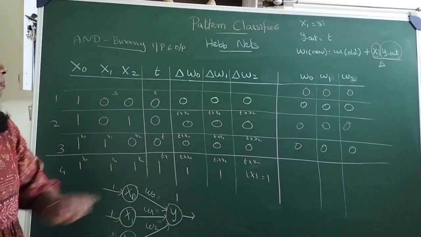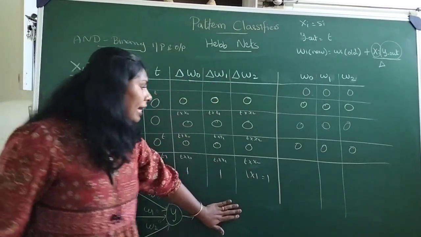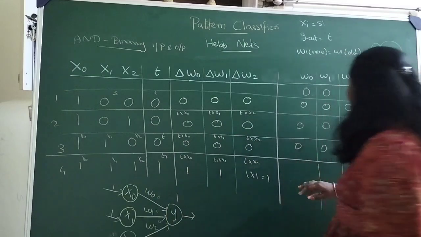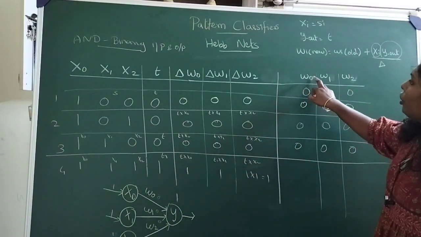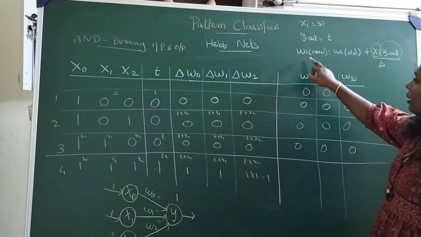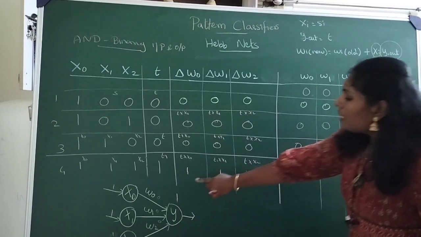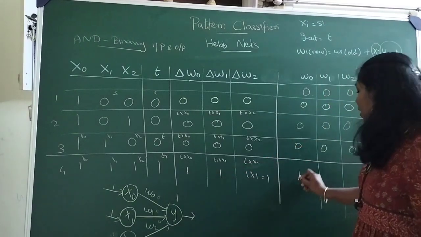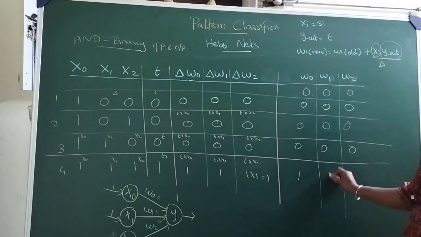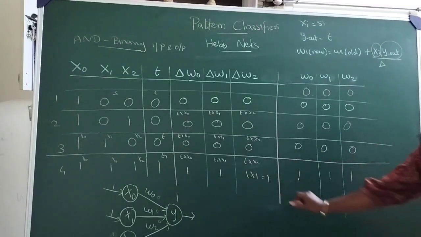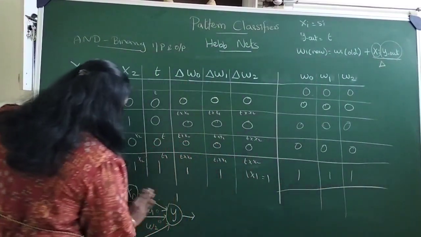So I have some updation in the weight in the last step. Got it? So finally, when I want to update the weight, it is old weight plus the new weight. So W0 new equals the old weight 0 plus the updated weight 1. The change in weight is 1. So 0 plus 1, 0 plus 1, 0 plus 1. Okay, so this is my final weight to be adjusted for my Hebb Net model.